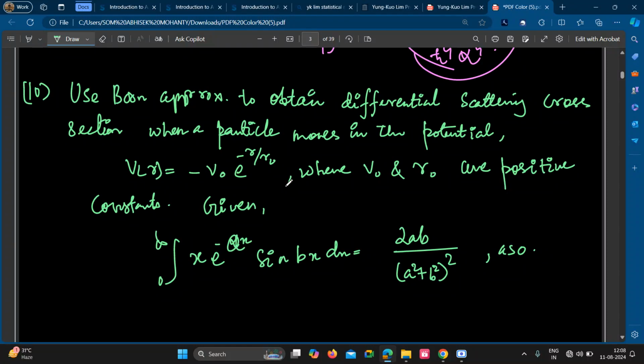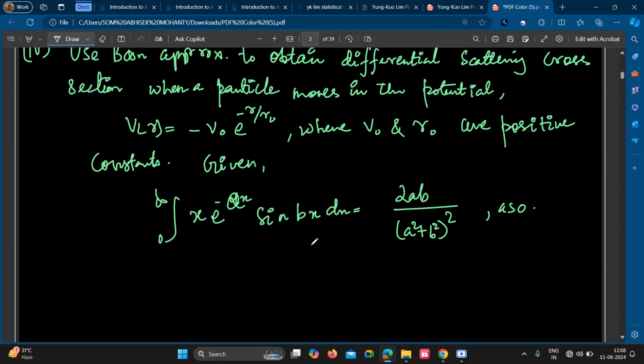So again, the potential is given, and the integration that you will require in some part of this question is given. So you have to solve it. I'm giving you 2 minutes to try it. It's a very easy question. Nothing is there.